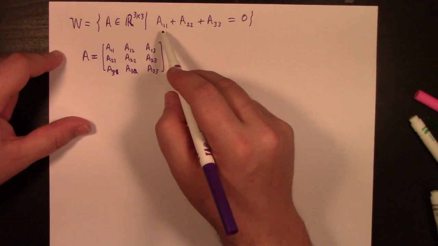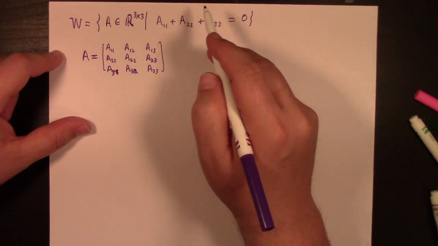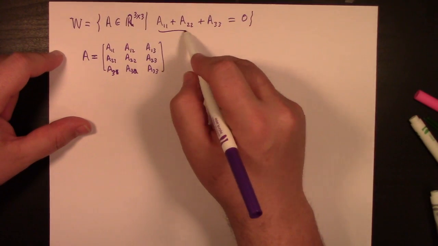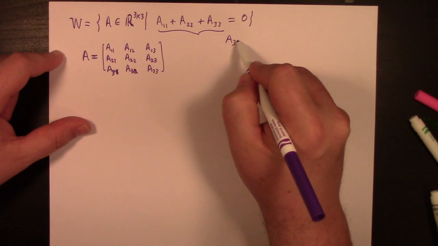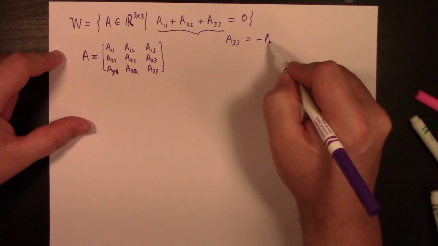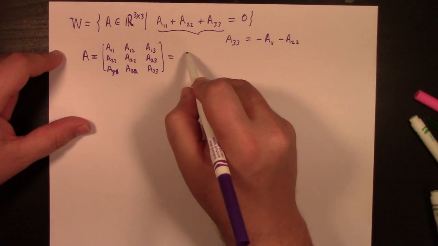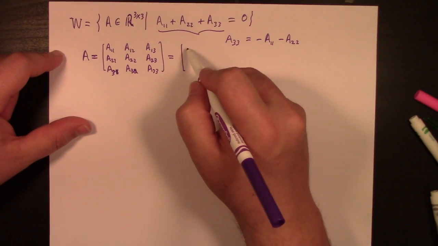This one, for example, you just got to pick. Whatever you solve for, you eliminate. Tell you what, let's eliminate A33. So this condition gives me A33 is equal to minus A11 minus A22, right? And so you plug that into your generic matrix. Everything's the same.